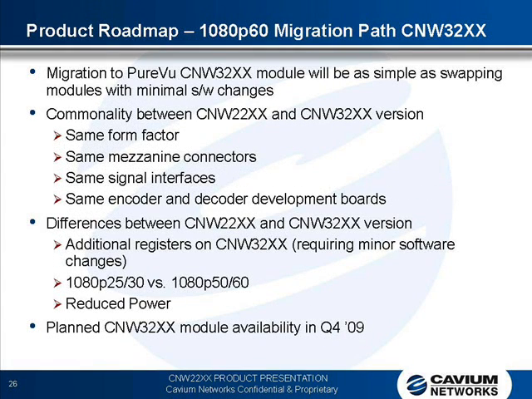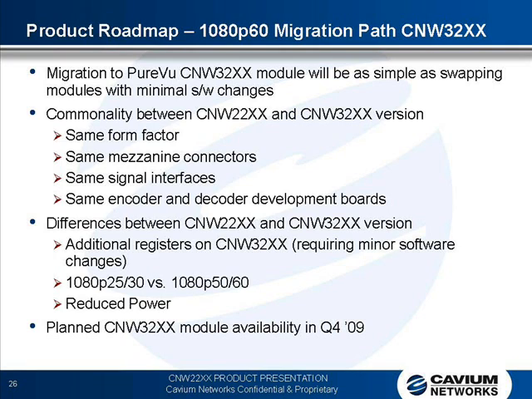Product roadmap, 1080p60 migration path. Migration to the PureVu CNW32XX module will be as simple as swapping the modules with minimal software changes. That is, there will be a 1080p60 version of this module that'll be a drop-in replacement for the 1080p30 module that you have now.